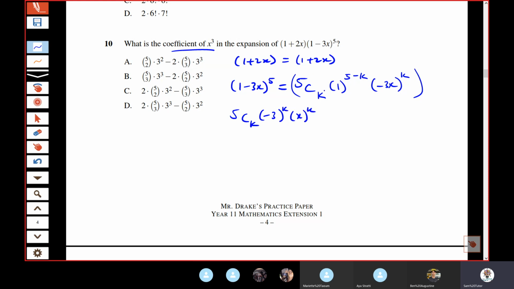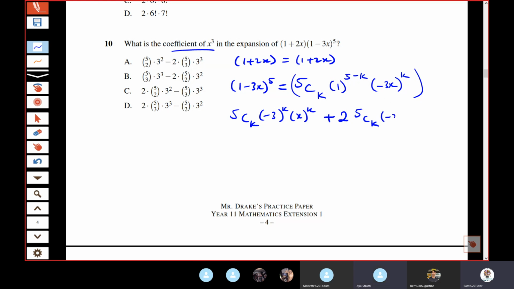Do you understand what I'm doing there, Aya? When I'm saying 1 multiplied by this? Yeah, I remember from last week. Plus 2 multiplied by this. 2 multiplied by 5 choose k. Again, 1.